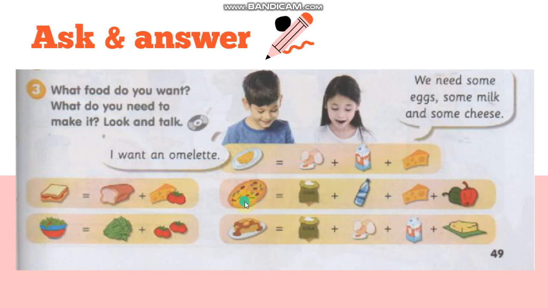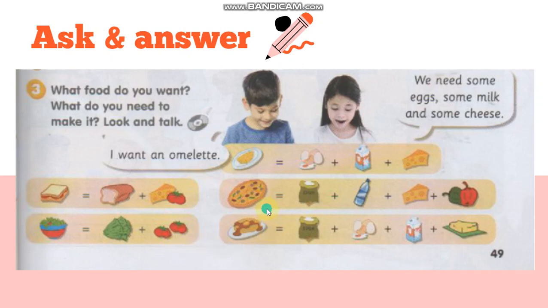And now let's look at the other food. Okay, this one is sandwich. I want a sandwich. We need some bread, some cheese, and some tomatoes. Next is salad. I want a salad. So we need some lettuce and some tomatoes.